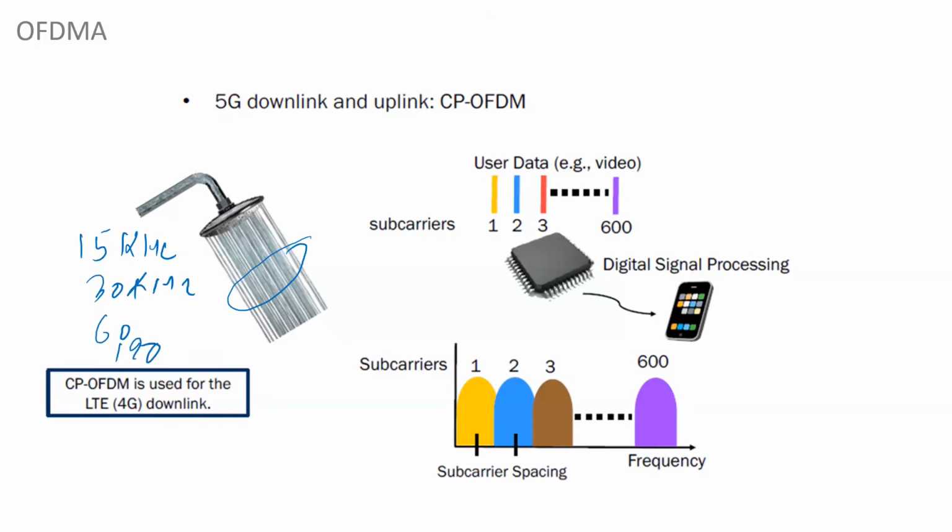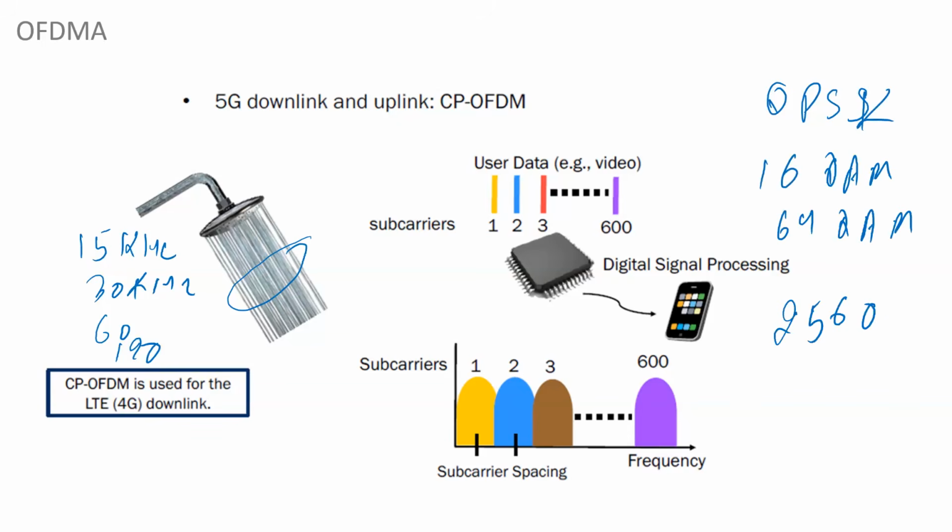Each subcarrier can be modulated using QPSK, 16 QAM, 64 QAM, or 256 QAM, as permitted by the radio conditions.